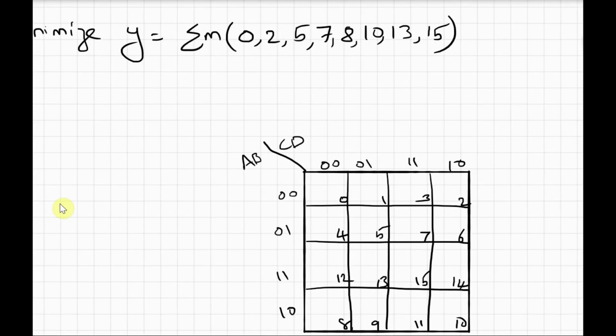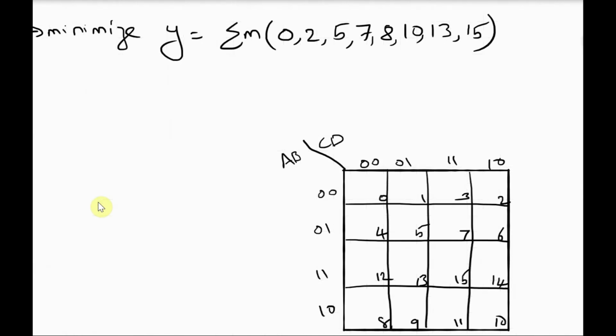This is the 4 variable kmap, and we map the given expression. So 0 is here, then 2 is here, 5, 7, 8, 10, 13 and 15, and these are the mapped values. Now we have to group.